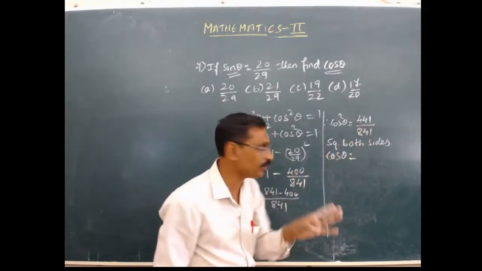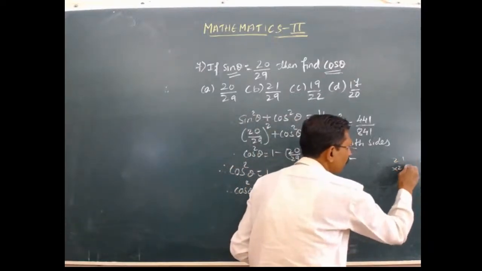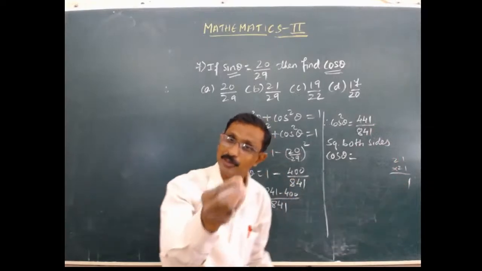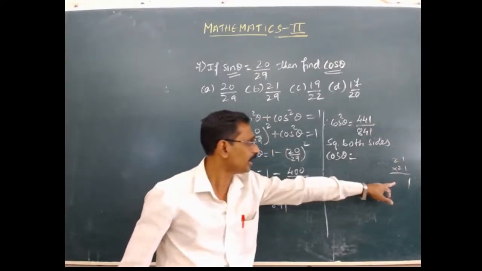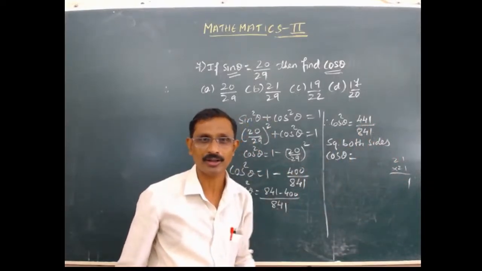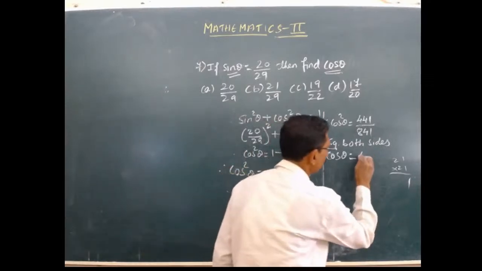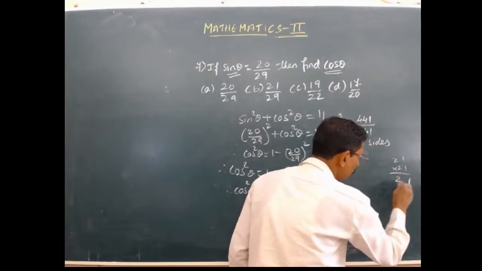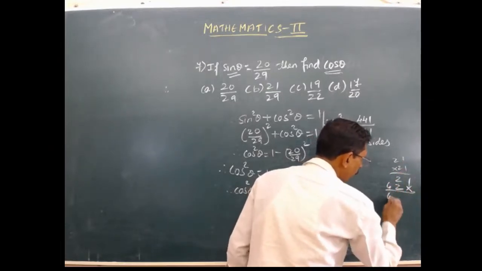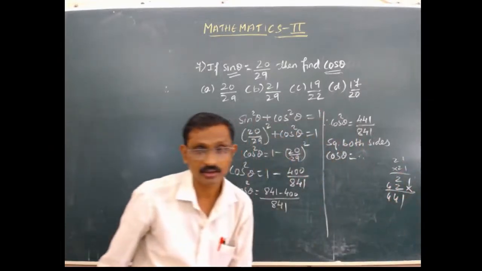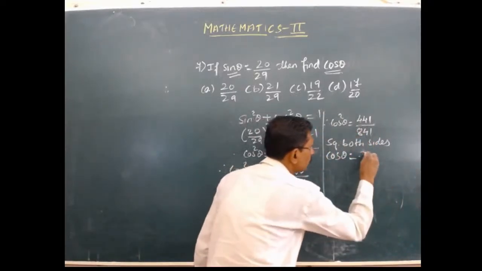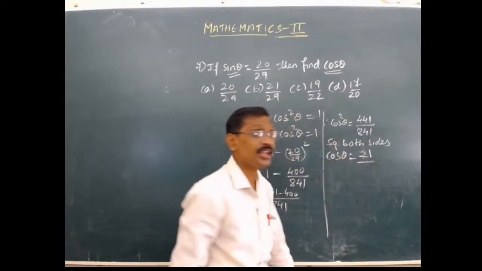Let's try with 21 and 21. 1 one is 1. See, I got 1 in the unit place. That means 21 into 21 can give me 441. Yes or no? Yes. 1 one is 1, 2 ones are 2, 2 ones are 2, 2 twos are 4. 441. Right? That means I can get 21 here.